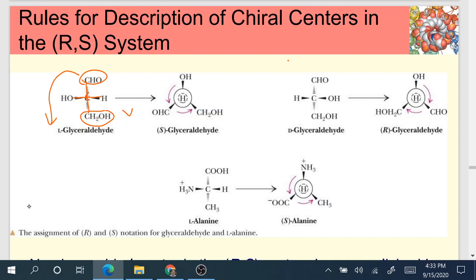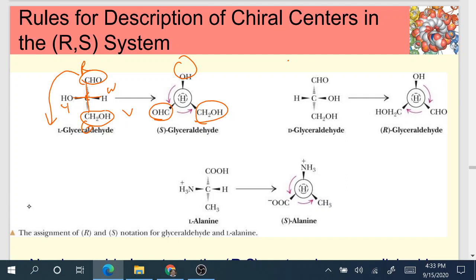The red might be the CHO, green might be CH2OH, or yellow might be this and white might be this, however you want to do it. When you rotate it, the CHO group, the aldehyde group, will go over here, CH2OH will go over here, because we're going to rotate this hydrogen toward the back, and our OH group is going to come up toward the top. So you're going to point the lower priority group away from you, okay?